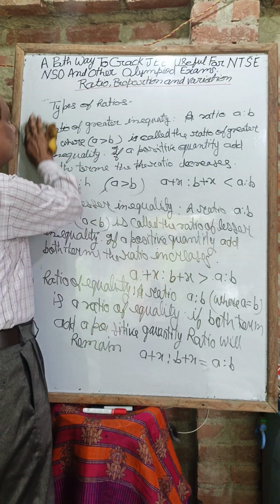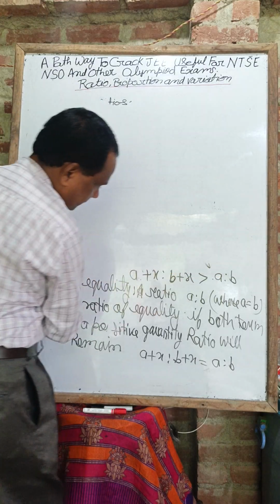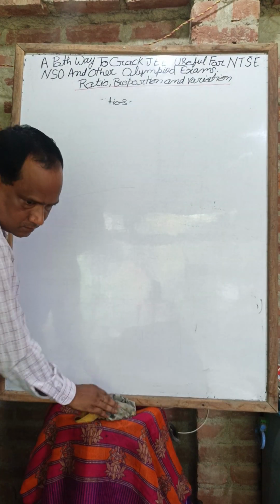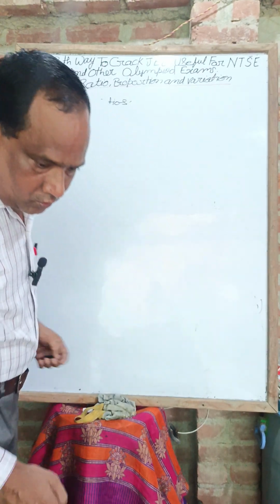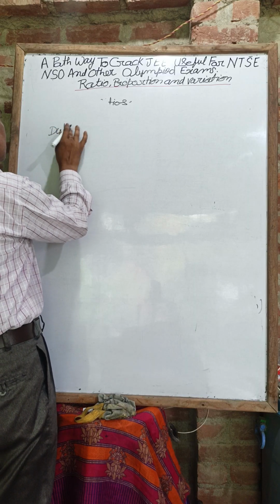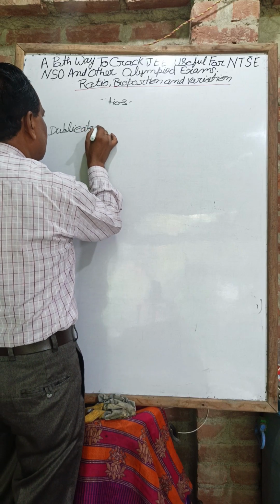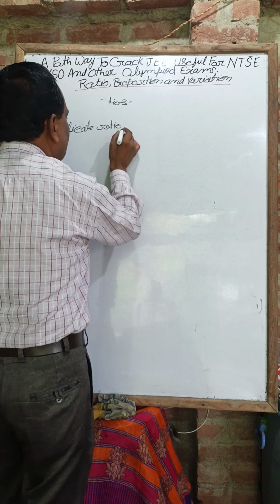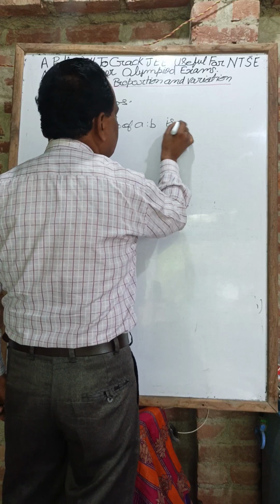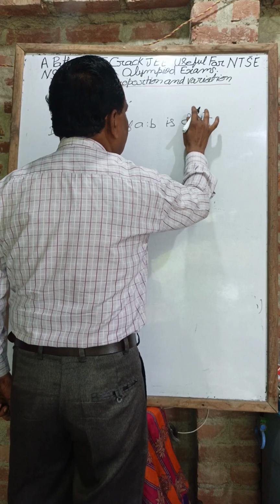Now, the duplicate ratio of A is to B is A square is to B square.